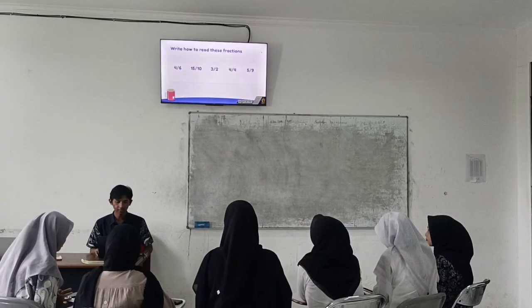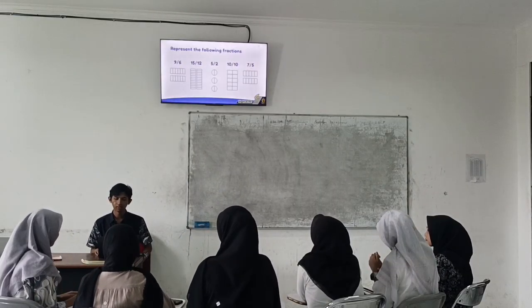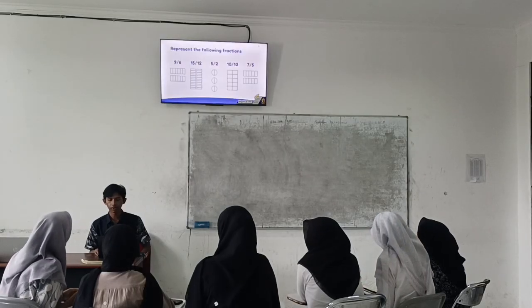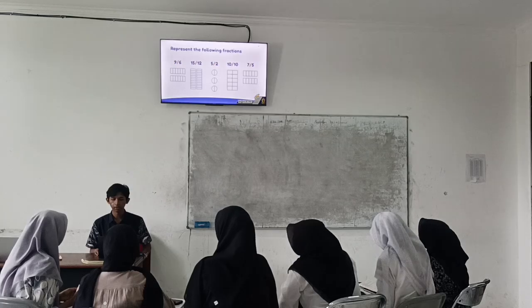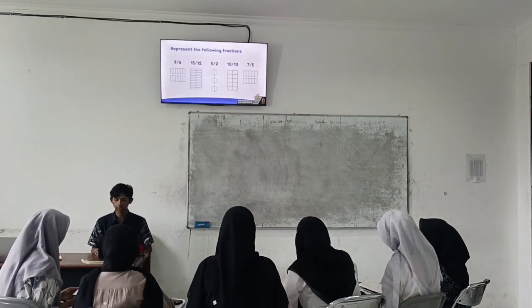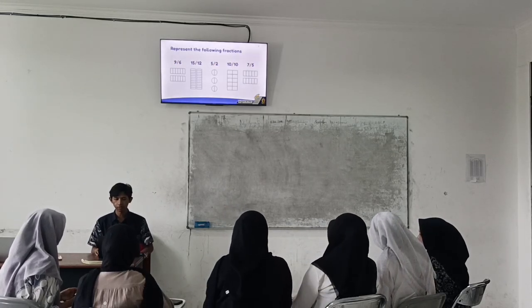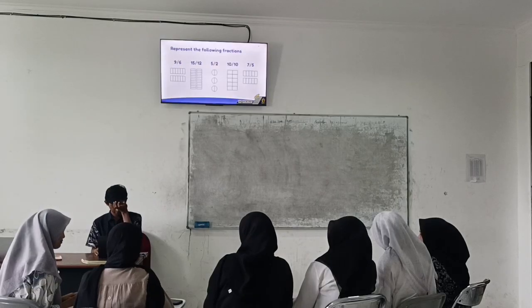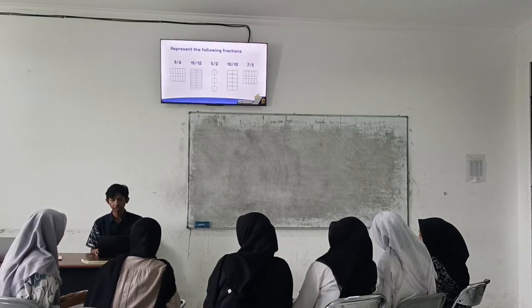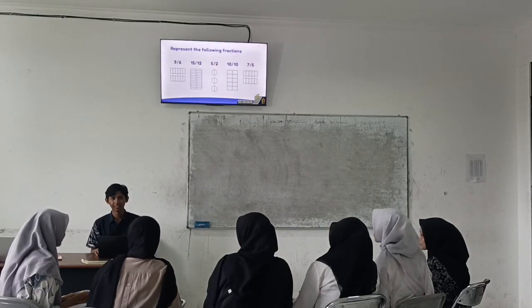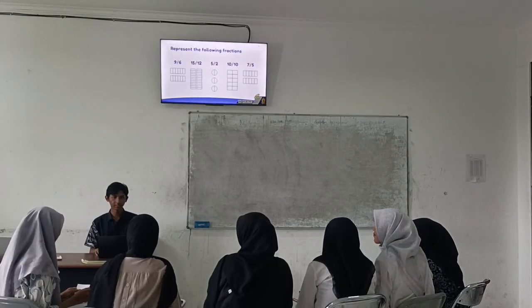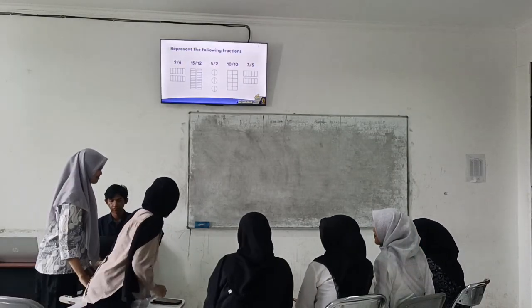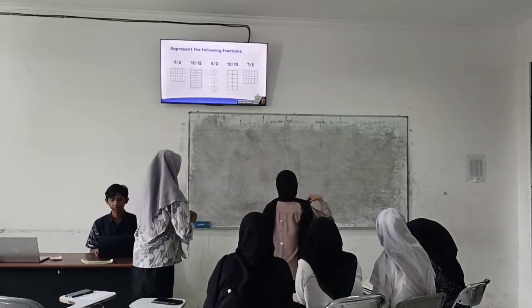Okay, the next exercise is this. I want you to draw a representation of the fraction on your paper. So I will wait until you finish. Okay, has anyone done? Yes. So you can stand up and come forward.